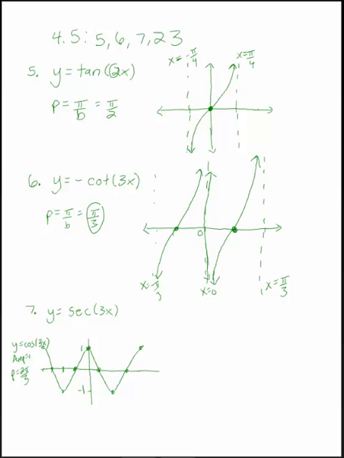Now here's the thing. I know that the secant graph is just the reciprocal. The secant function is the reciprocal of the cosine function. So that means if I have a 0 on the cosine function, and I take the reciprocal of that, the reciprocal of 0 is undefined. So that means wherever the cosine graph has zeros, the secant graph is going to have asymptotes.